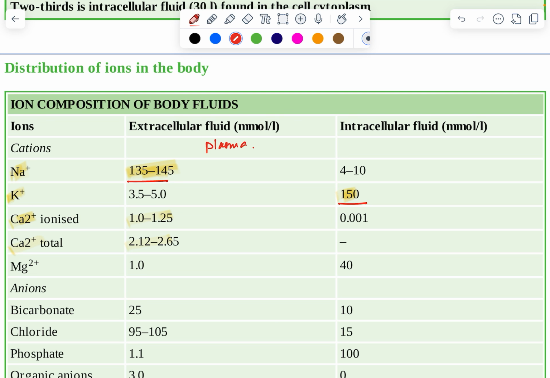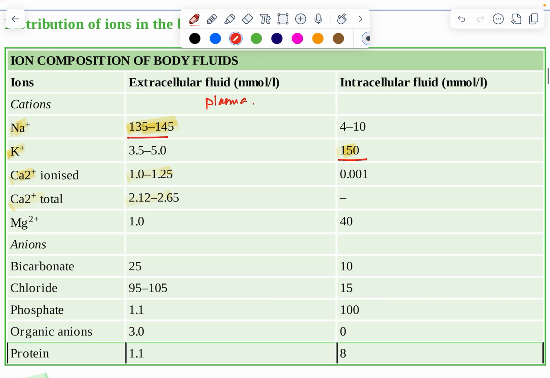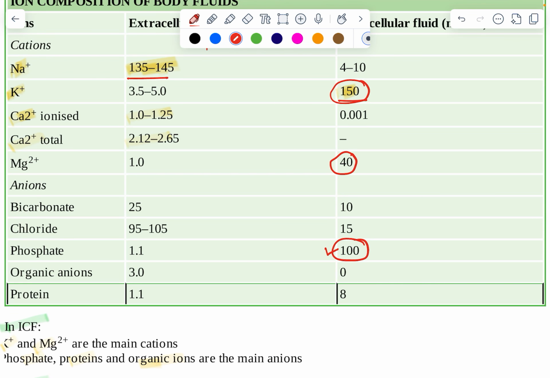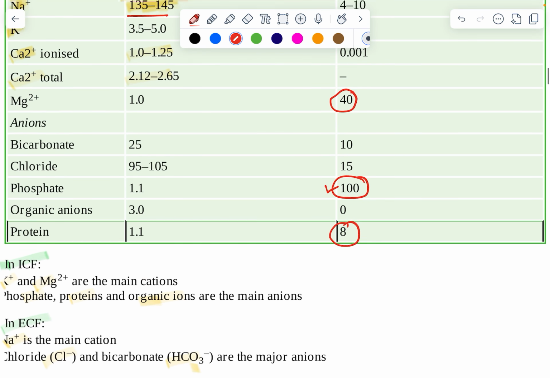Ionized calcium versus total means total is bound with proteins. Magnesium, bicarbonates, chloride, phosphates. Potassium is intracellular. Magnesium is intracellular. Protein intracellular is very high.